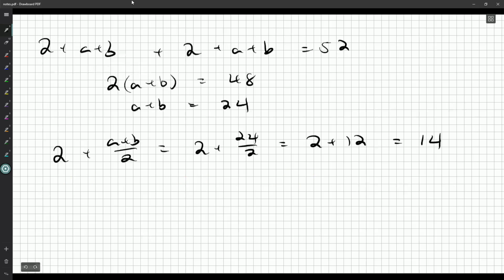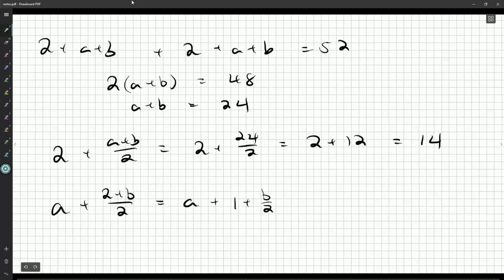What can we do? Well, let's look at the other ones. A plus 2 plus B over 2 is either 17 or 21. But that's going to be A plus 1 plus B over 2. And then the other one's B plus 2 plus A over 2, and that should be B plus 1 plus A over 2.